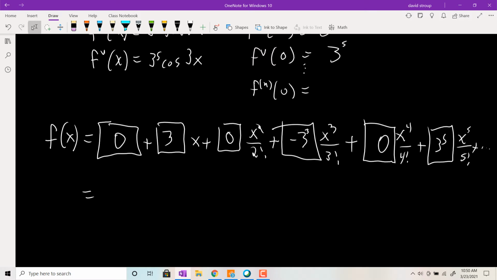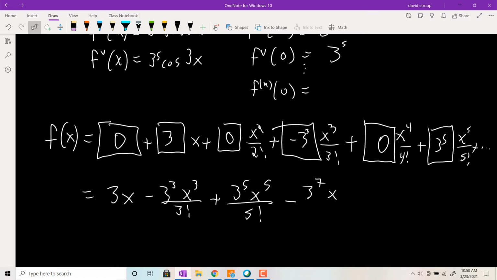I'm going to simplify that, so it's going to be 3x minus 3 cubed times x cubed all over 3 factorial plus 3 to the 5th times x to the 5th all over 5 factorial. And you can almost guess what the next one's going to be, right? It's going to be minus 3 to the 7th x to the 7th over 7 factorial plus dot, dot, dot.